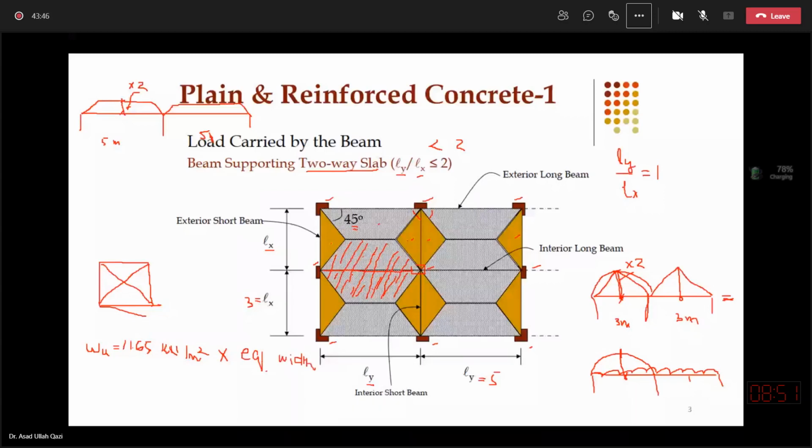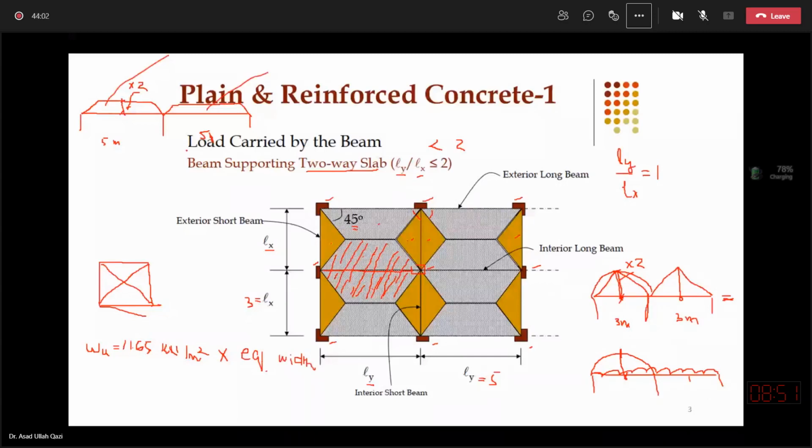And the answer which I will get is exactly the same as what I would get otherwise by solving the beam subjected to a trapezoidal load.